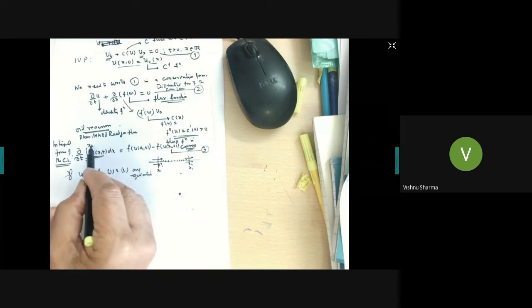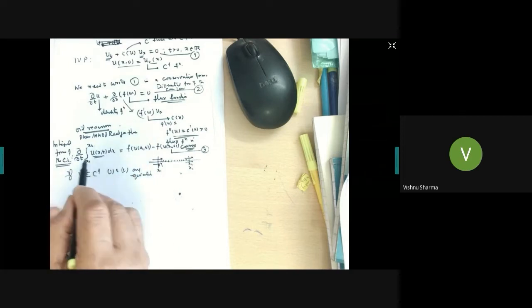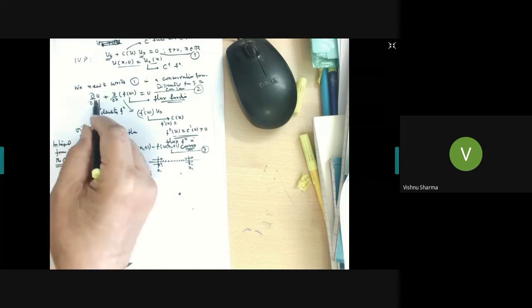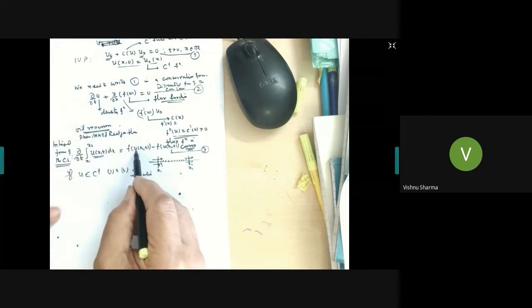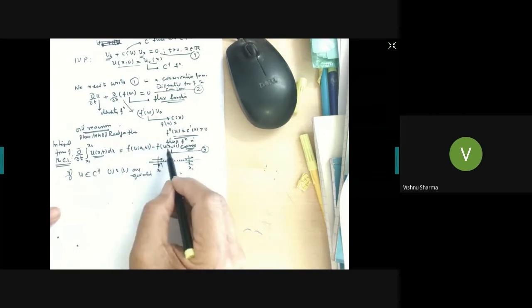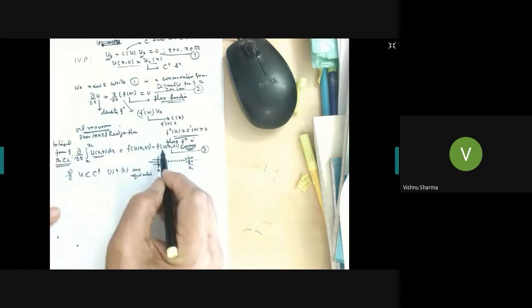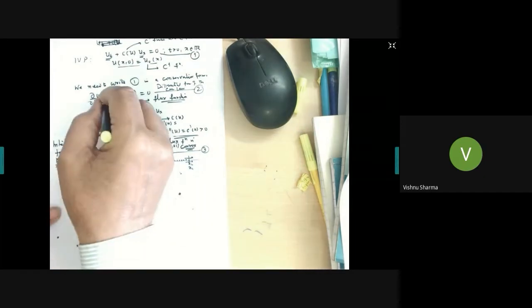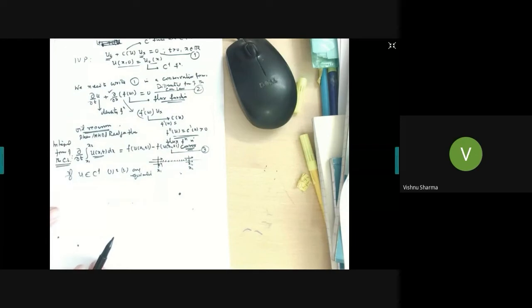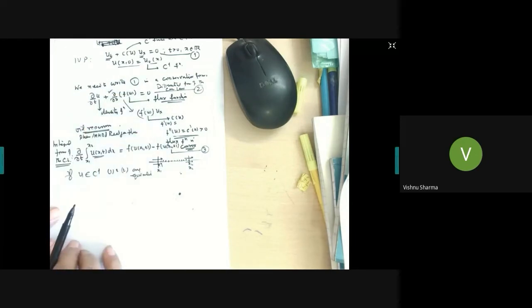Because I can replace this x2 by general x, and I differentiate with respect to x. So I get dou u by dou t is equal to dou f by dou x, because this is constant with respect to the variable. So transposing this term to the left, I get this result. So if u is of class C1, this is derived from here.